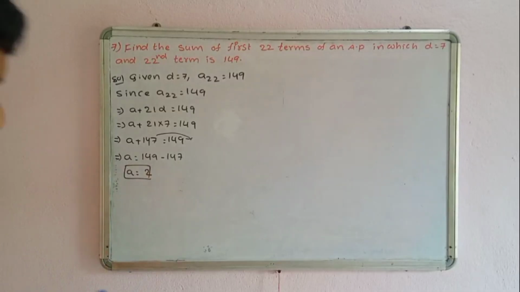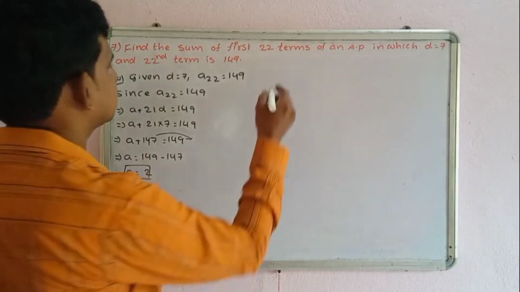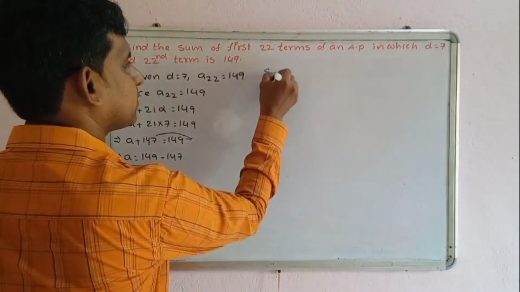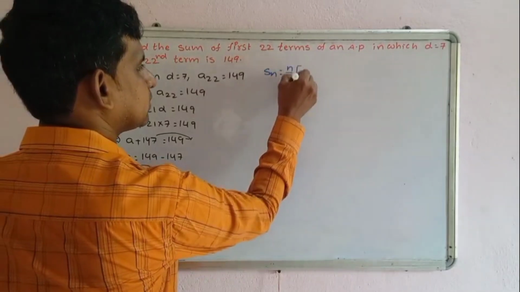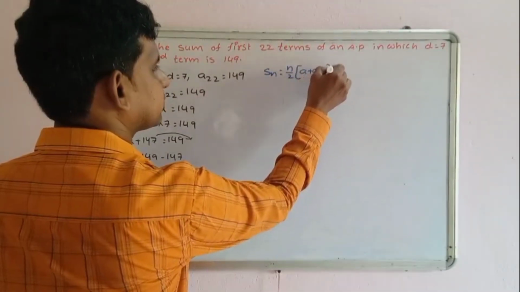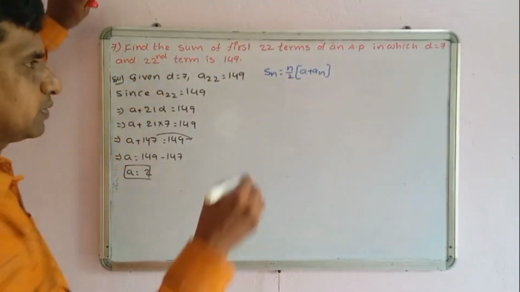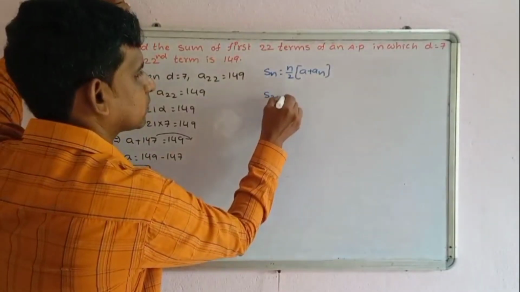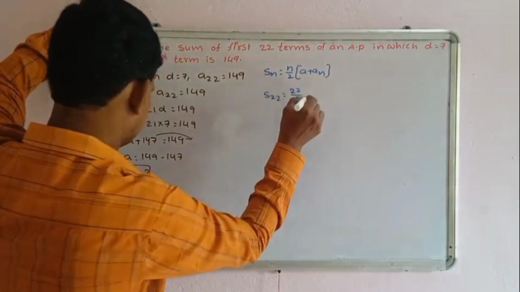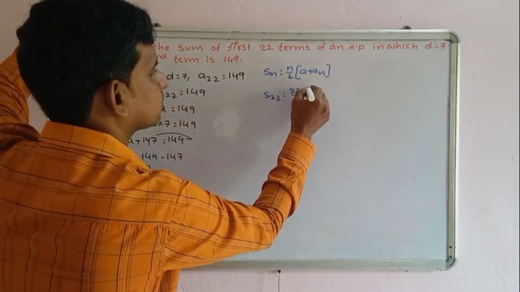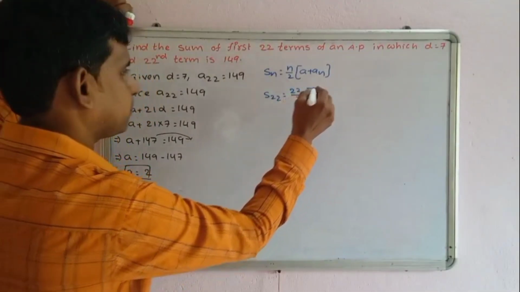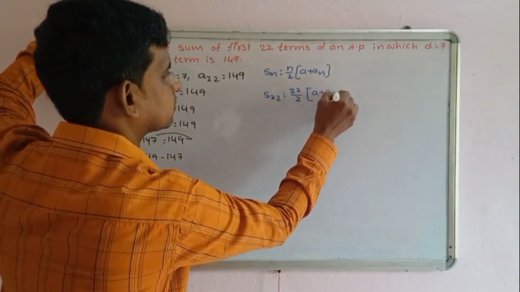Now we will find S22. What is the Sn formula? n by 2 into a plus an. Now S22 means 22 by 2 into a plus a22.